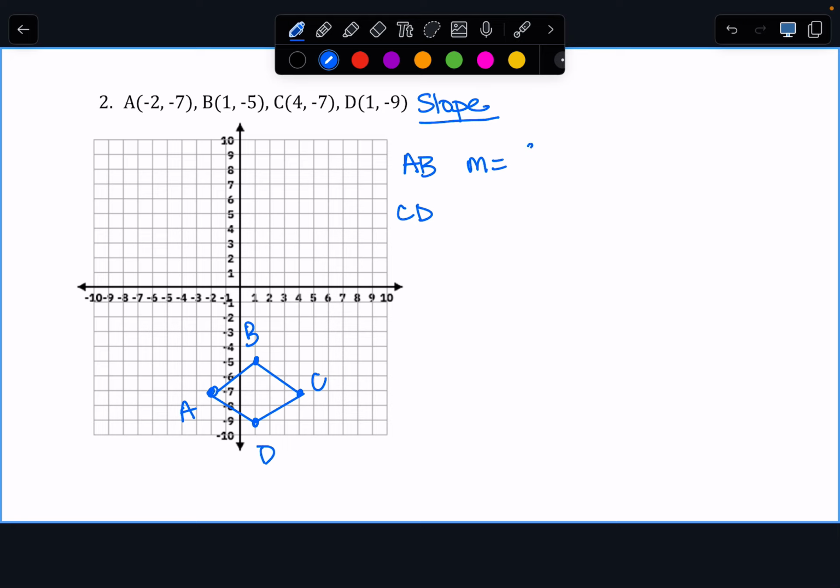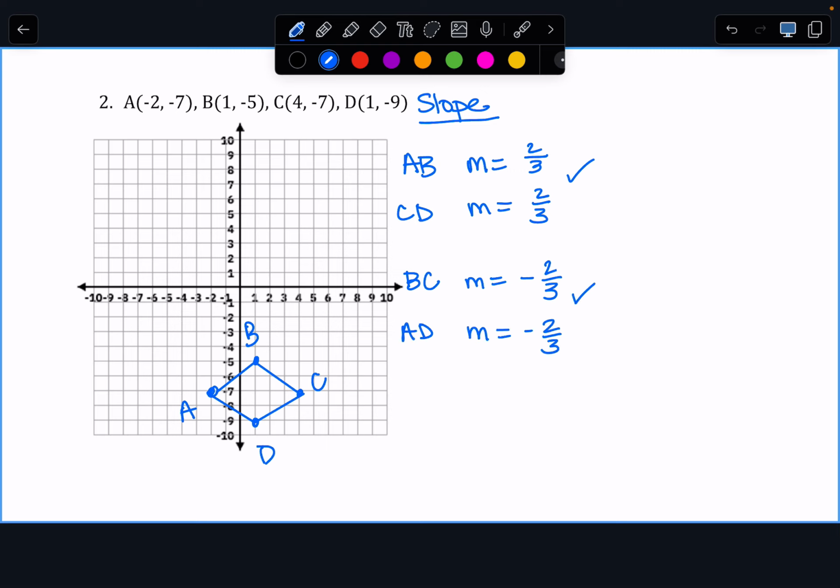Okay. When you count the slope for CD, 2 over 3. Okay. If we count the slope for BC, negative 2 over 3. And AD? Negative 2 over 3.